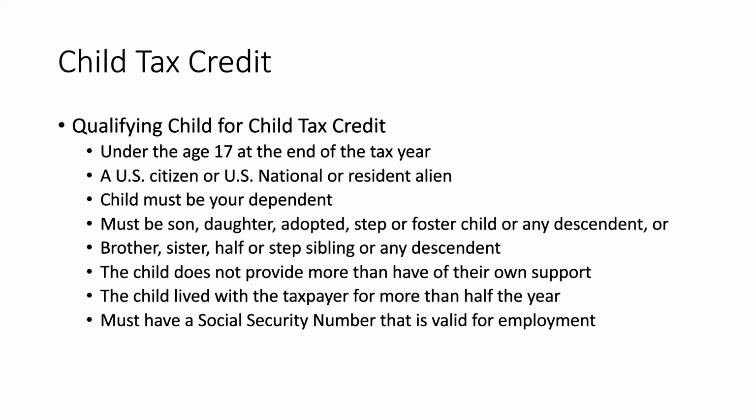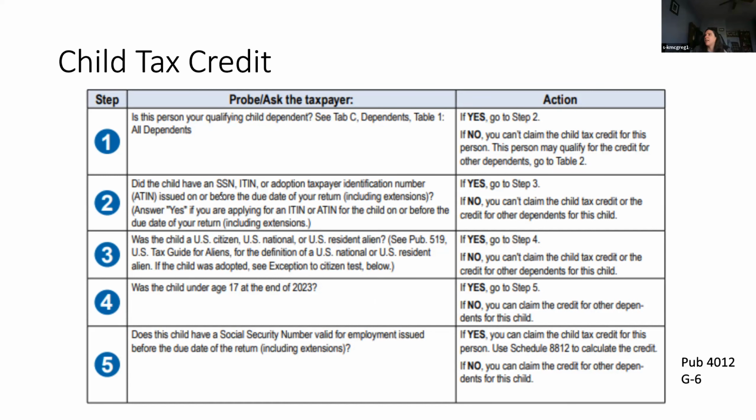Okay, so there's a nice little question and answer in the 4012 guide to kind of help us out with this. If we're having trouble figuring out if they qualify, you can go through: do they qualify as your qualifying child? You have to make sure that they're a child.